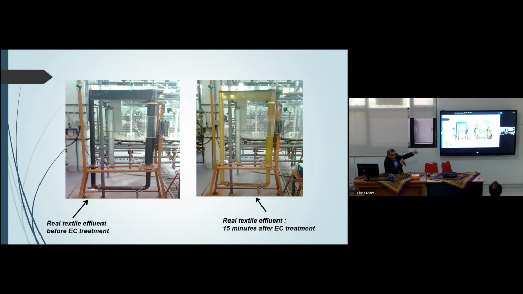So the blue and the red are removed first, after that the yellow. I gave an example of 15 minutes, but after 1 hour, we can remove it. The blue and the red are more removed than the yellow.